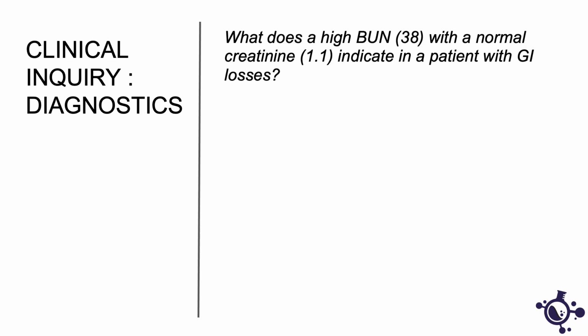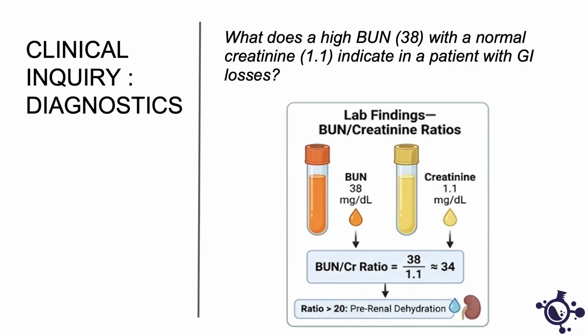Now, what does a high BUN with a normal creatinine indicate in a patient with GI losses? It indicates pre-renal dehydration or hypovolemia. The ratio indicates it's more of a volume loss versus a primarily kidney or renal loss.